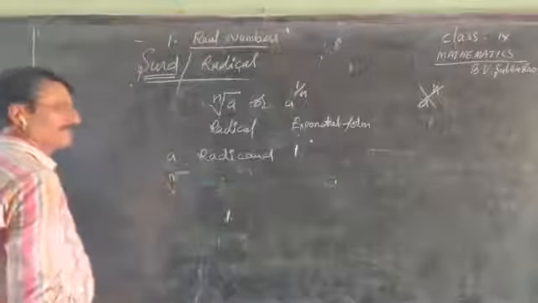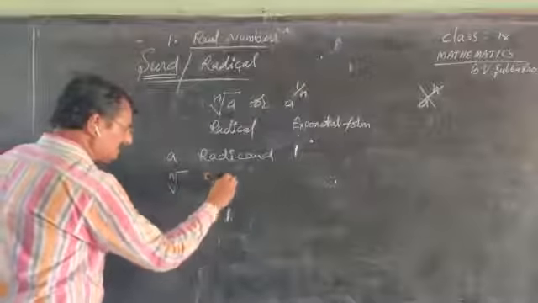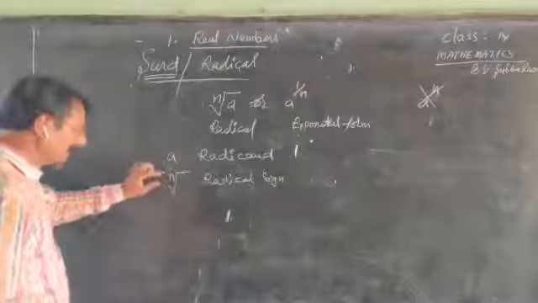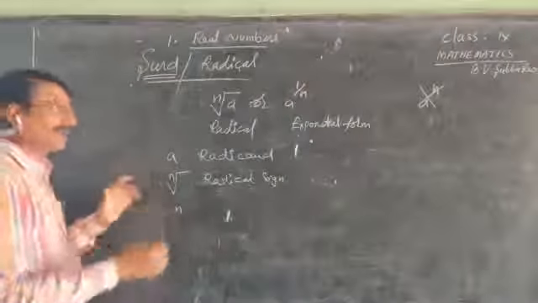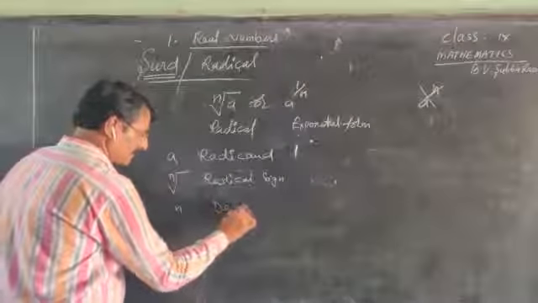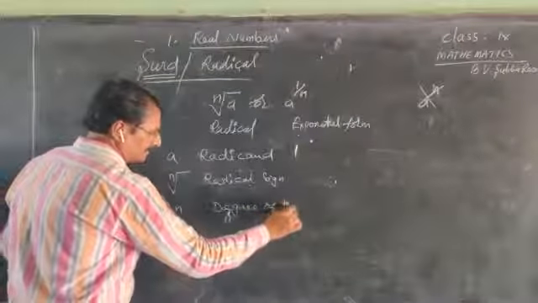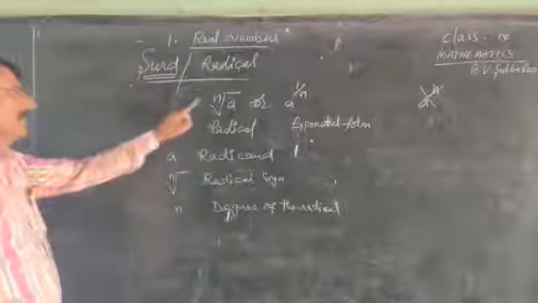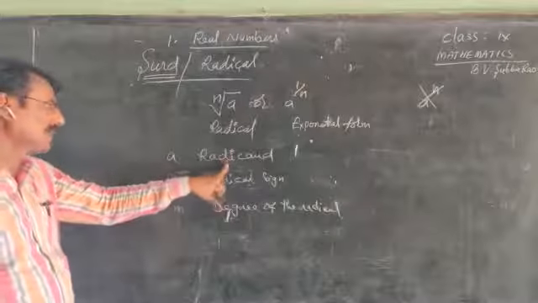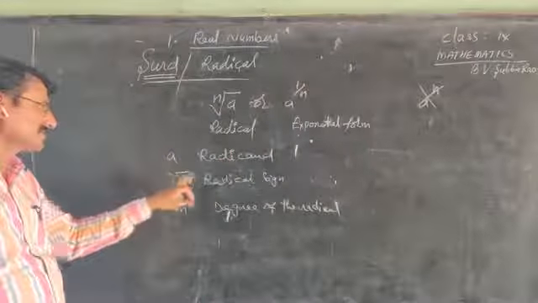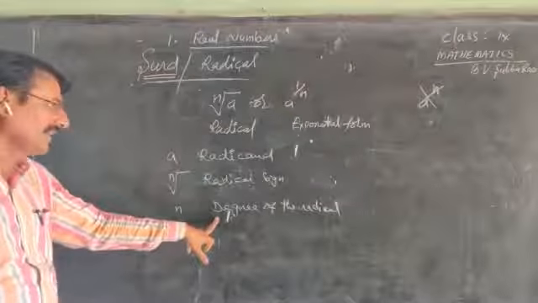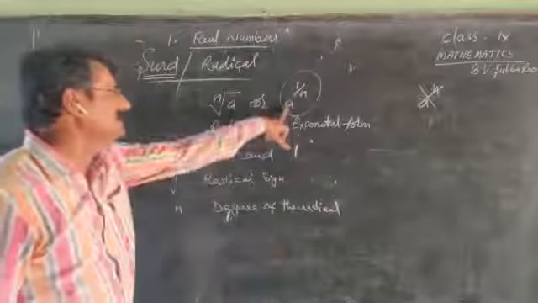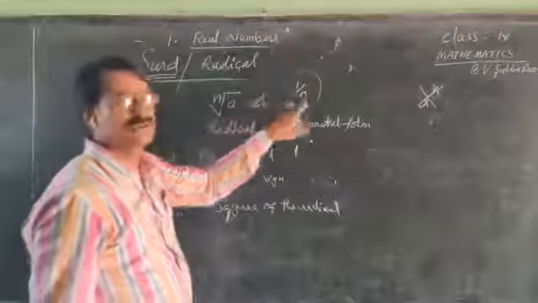Only the nth root symbol is called the radical sign. Here n is the degree of the radical. You learnt in earlier classes that in the exponential form, A is the base and 1 by n is the exponent.